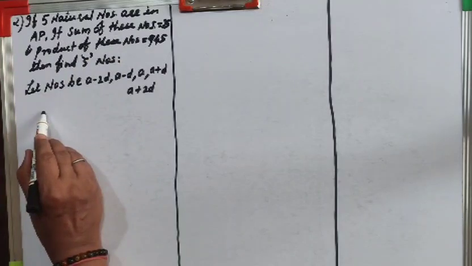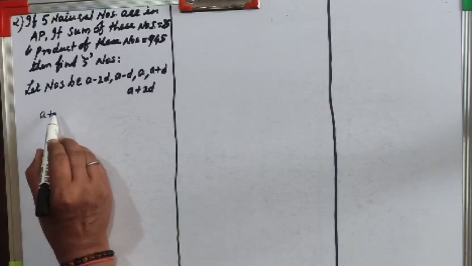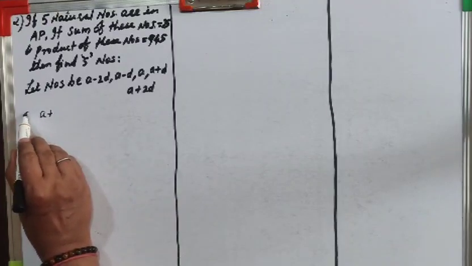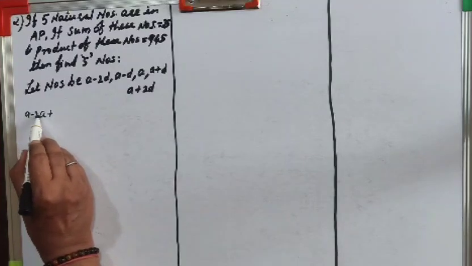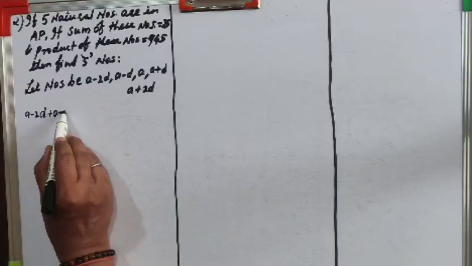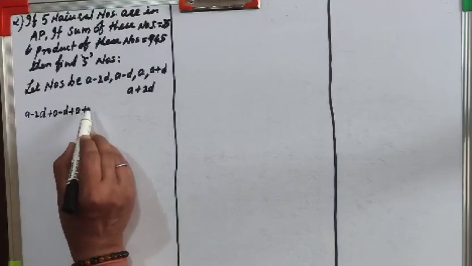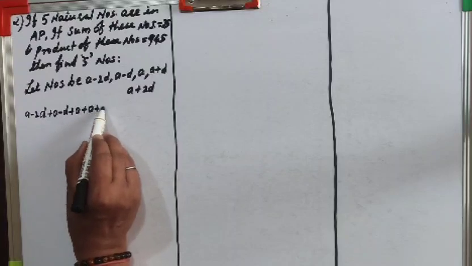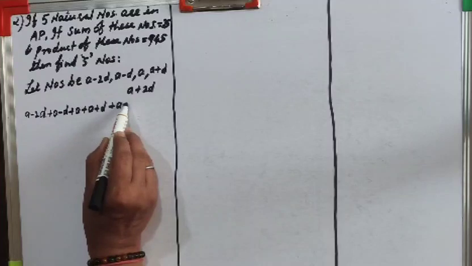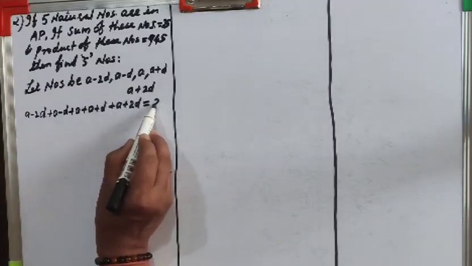So I will write here A minus 2D plus A minus D plus A plus A plus D plus A plus 2D. It should be equal to 25.